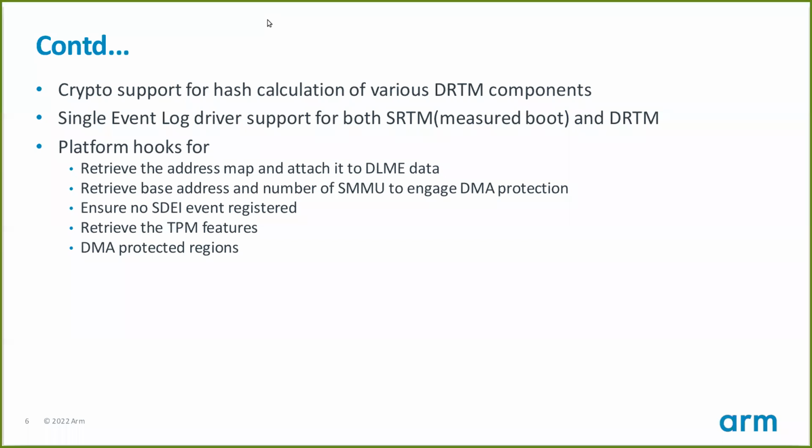The information we are getting from the platform is what exactly the SHA algorithm we need to use. Accordingly, we calculate the hash of those DRTM components, and then we just put that hash into the event log buffer, and that's where we stop currently. So there is nothing further, like extending those PCR records via a physical TPM driver. That makes sense. Thanks.